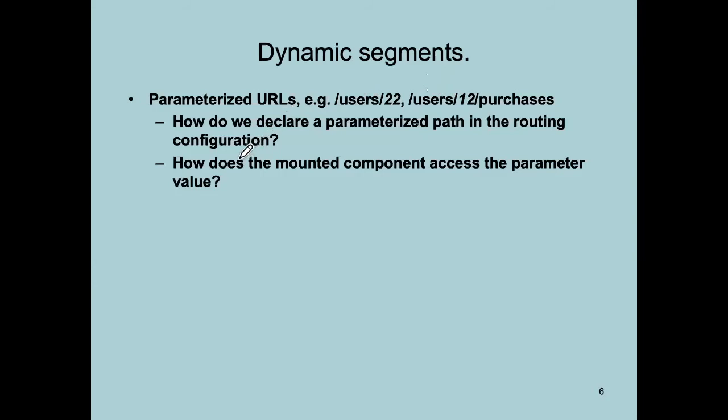And the second question is, how does the mounted component access the parameter value? Because presumably the mounted component needs to use that parameter value to maybe retrieve data from some backend database, as in retrieve user 22's profile, or in this case, retrieve all the purchases made by user number 12.